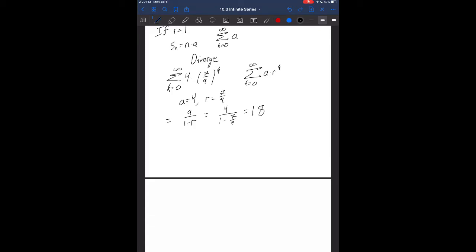Let's go through another example of this. We'll go through a couple more examples where it might be a bit more difficult to see what's happening. So the next example we're going to go through is, we'd like to determine what 1/2 plus 1/4 plus 1/8 plus 1/16 plus ... all the way out to infinity is.